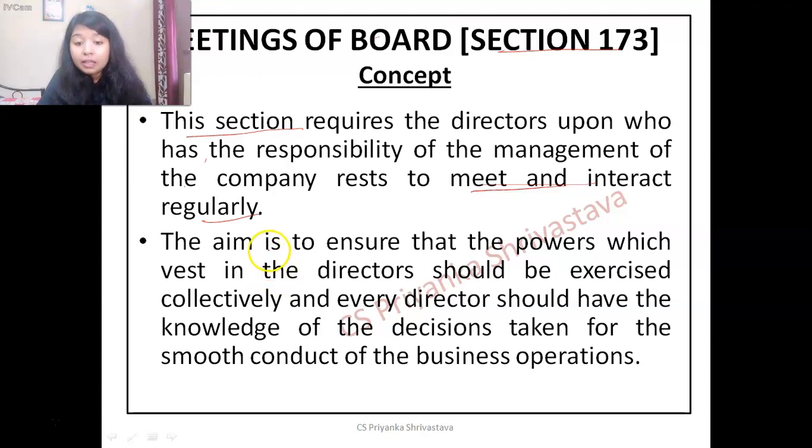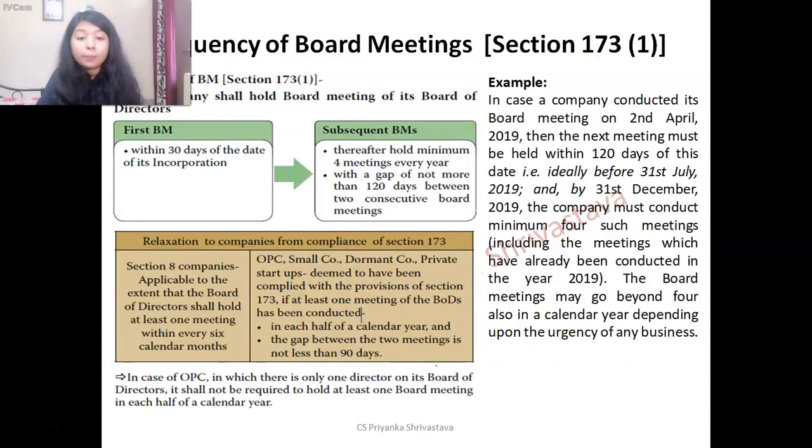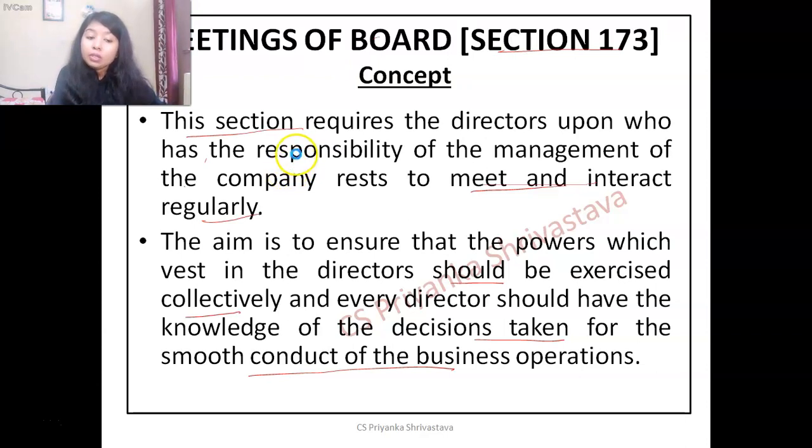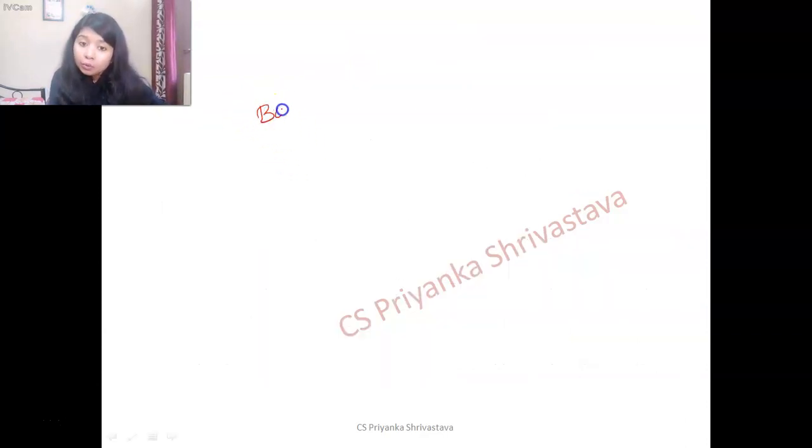So basically the aim here is to ensure that the powers which vest in the directors should be exercised collectively and every director should have the knowledge of the decision taken for the smooth conduct of the business operation. So basically we need to ensure the board of directors has taken any decision collectively.